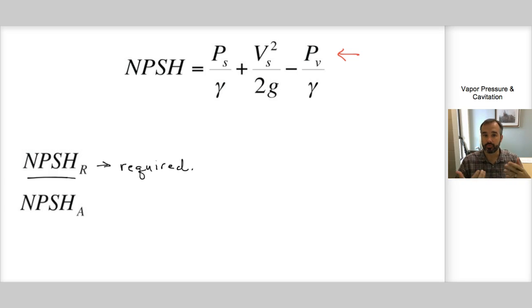That's often a reported value. If the net positive suction head at the inlet is below that, then you'll get cavitation.